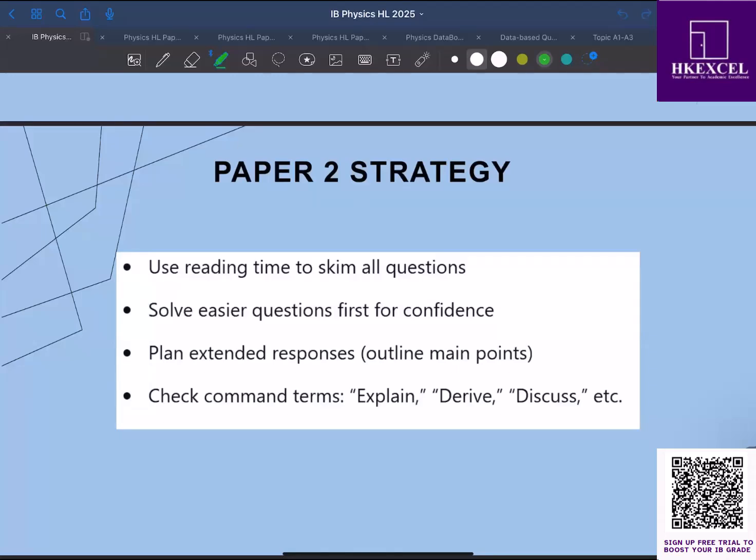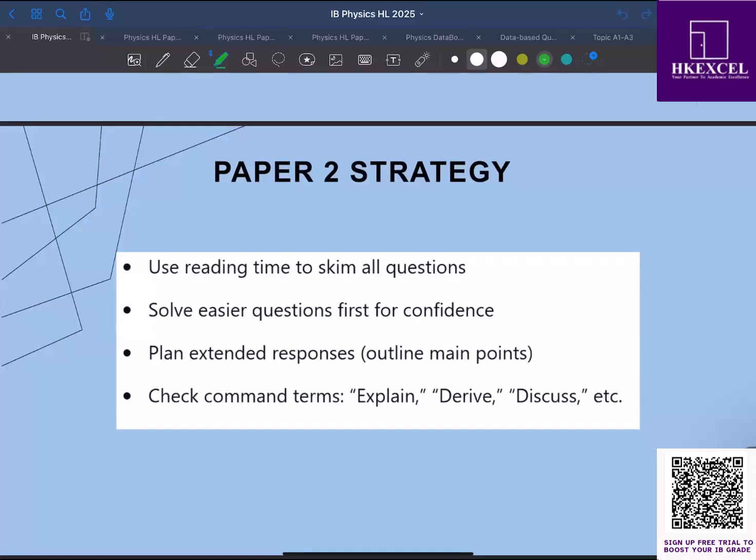If it's about gravitational field, maybe you can note down the formulas, sign convention, and maybe talk about potential and potential energy, etc. Keep in mind, if it's a 4 or 5 mark question, or even a 6 mark question, that means you will require 6 steps or 6 points. If it's an explanation type question, obviously you need to have that many key points or keywords.